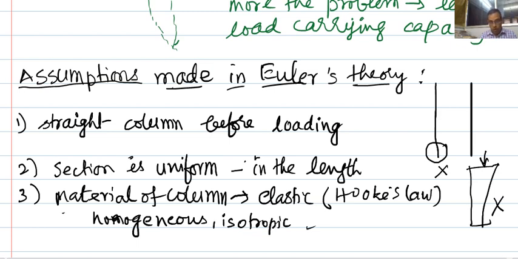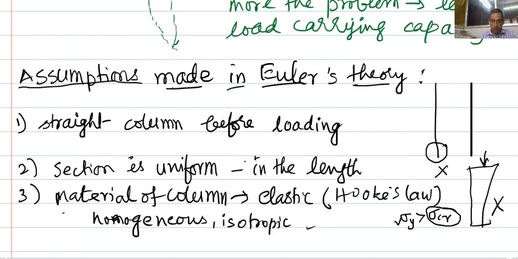Do not think it is simply Hooke's law valid. I told you that the yield stress is always more than your sigma CR, which means your buckling is going to occur earlier than your yield, is it not? That is what I told you in the beginning. Only then does this hold.